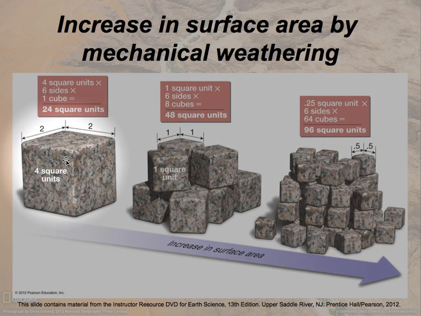But going from here to here to here is also an example of mechanical weathering, that is the breaking of the rock. So here we can see how chemical and mechanical weathering work hand in hand. That the more a rock is mechanically weathered, the more it gets chemically weathered because of the more surface areas available.